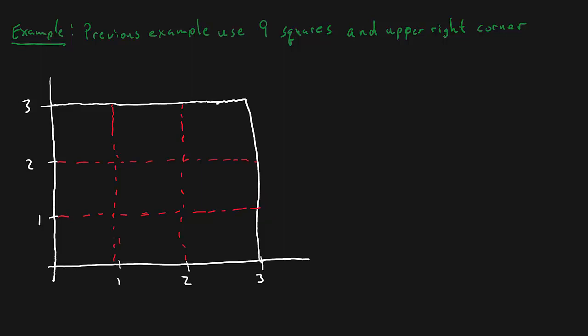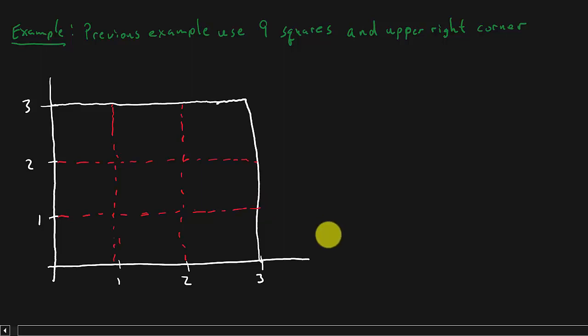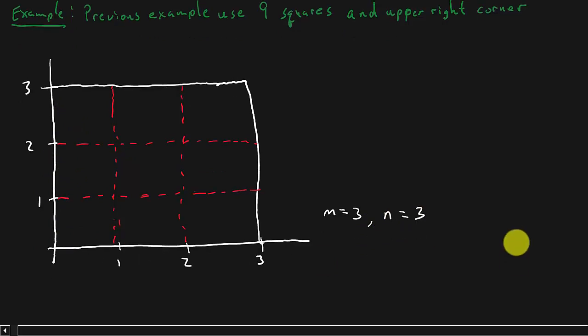Now, some things are going to change. For one thing, m is going to change. So m is equal to what? We got 1, 2, 3. n is equal to 1, 2, 3. All right, so here I've got delta x equal to 3 minus 0 over 3, that's b minus a over m, which is 1.